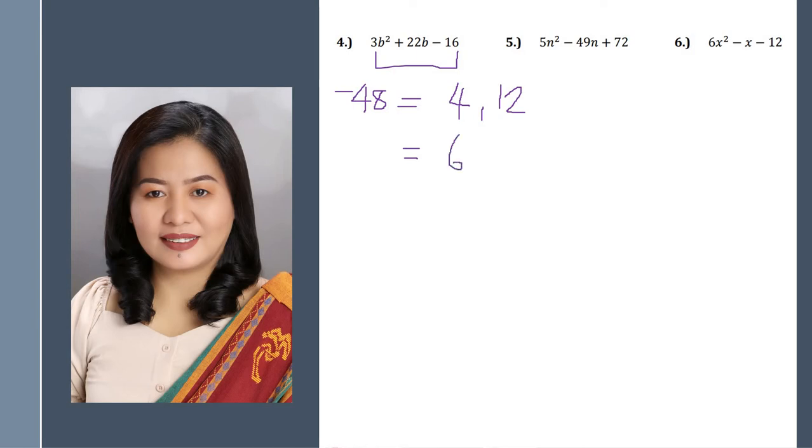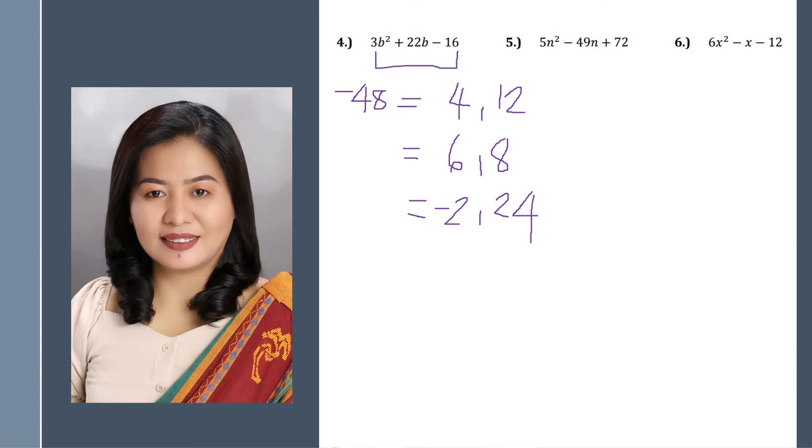So 6 and 7, 6 and 8, 48. Can it be? 12, 2, 4, 6, 8. What else? 48. 2 and 24. Correct? 2 and 24. So 2 and 24, negative 2. Yes, it's 2 and 24.